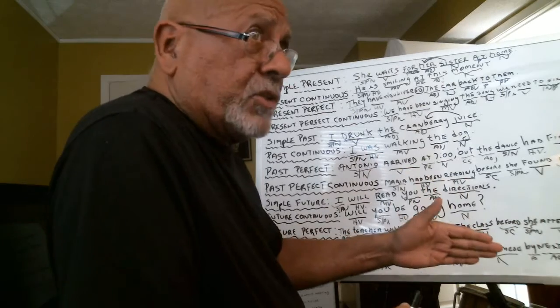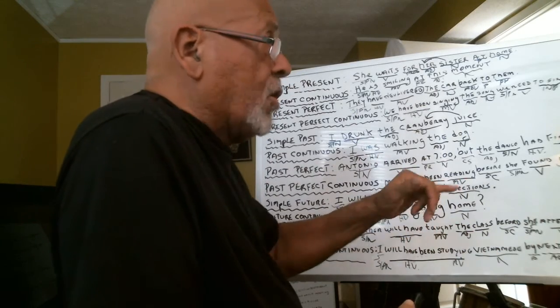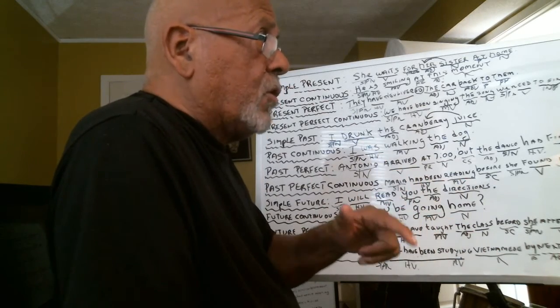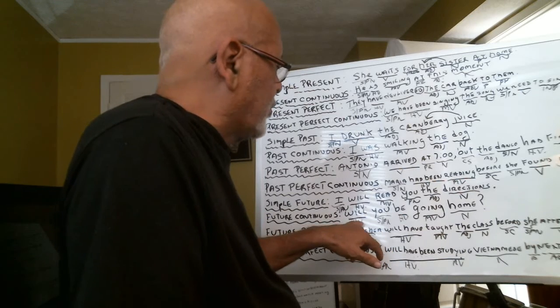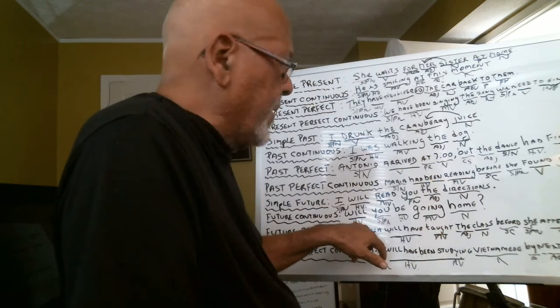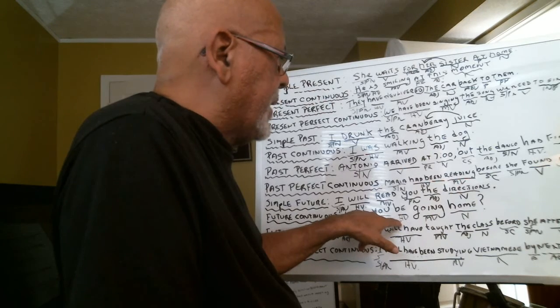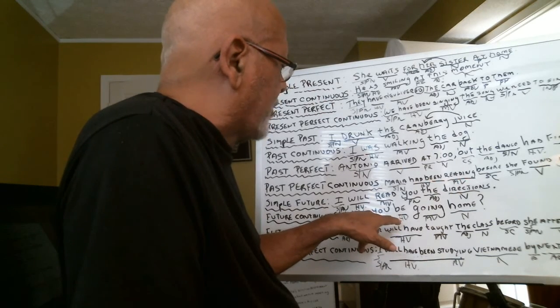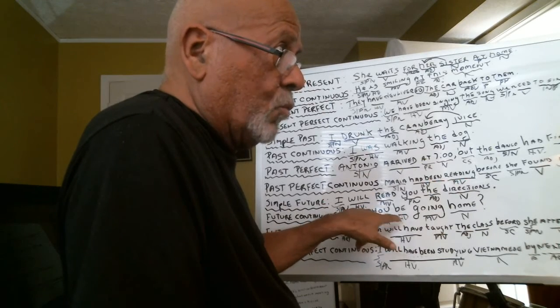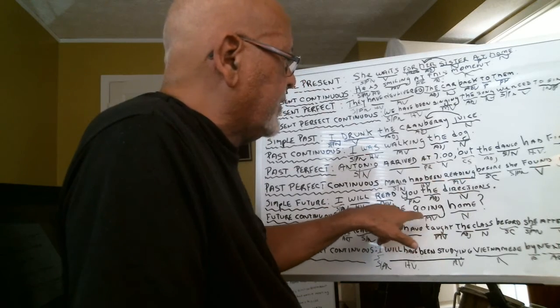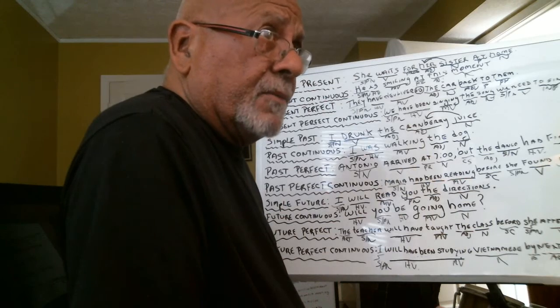And this is a question. Will you be going home? So the first word, will, is the helping verb. The main verb is be. Will be, the helping verbs are will and be. The main verb, going.